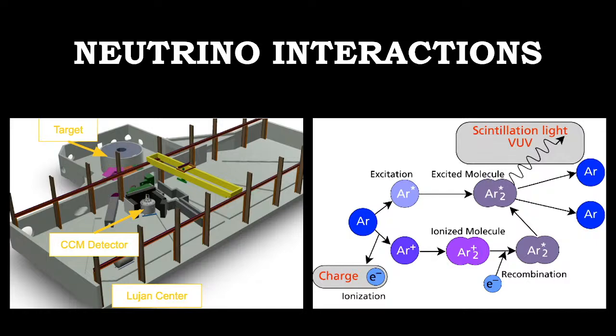So then eventually it moves back to just 2 separate argon atoms, and in doing that, it emits a photon in the very ultraviolet, and that is not detectable by the photomultiplier tubes, so it gets wave shifted to just the ultraviolet, and then the 200 photomultiplier tubes that are inside of the detector can pick those up, multiply them, and then they're recorded as a pulse.